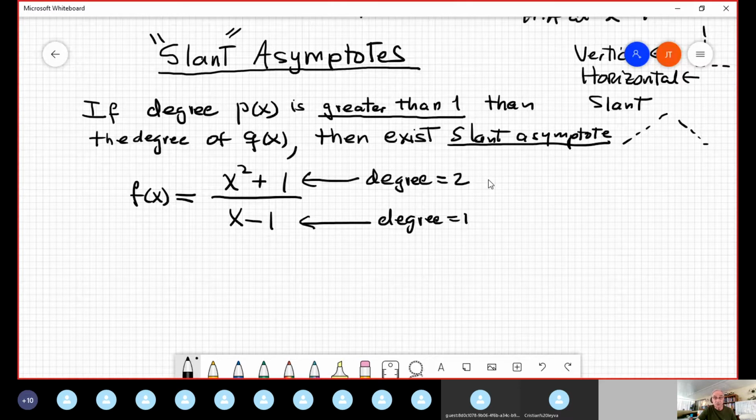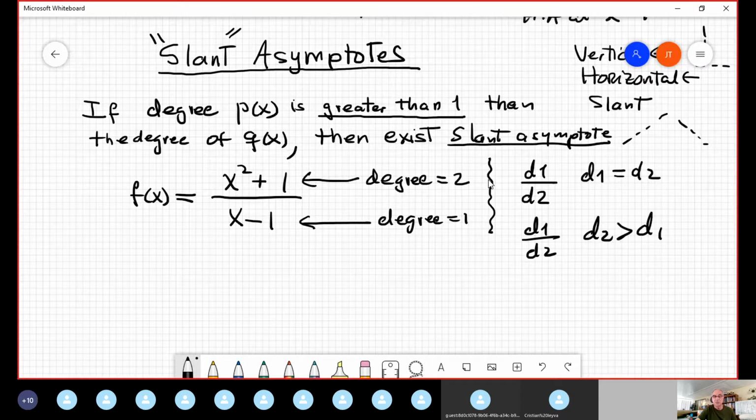Remember, horizontal is different. Horizontal is when the degrees are the same, or the degree of the bottom is greater. Degree 1 over degree 2, or equal degrees, is a typical horizontal. When the bottom degree is greater, it's a special horizontal, with y equals 0.